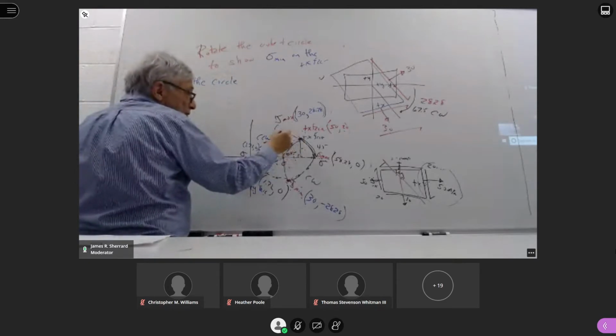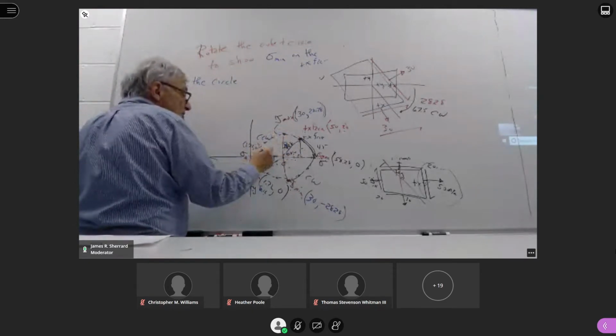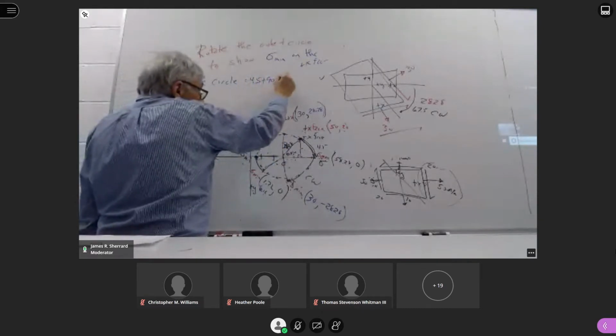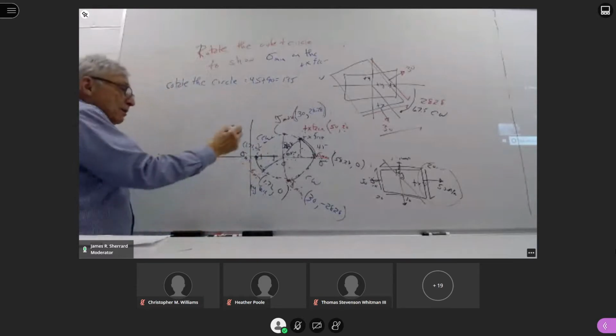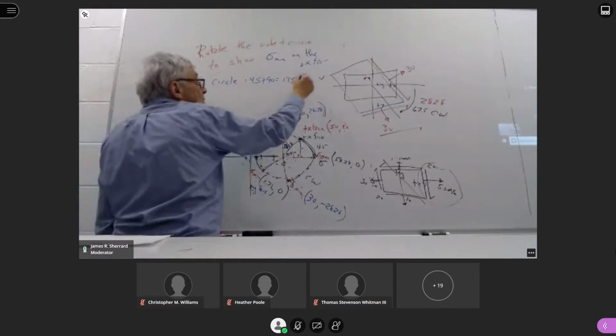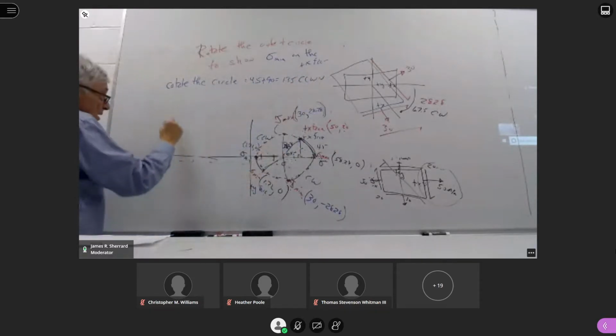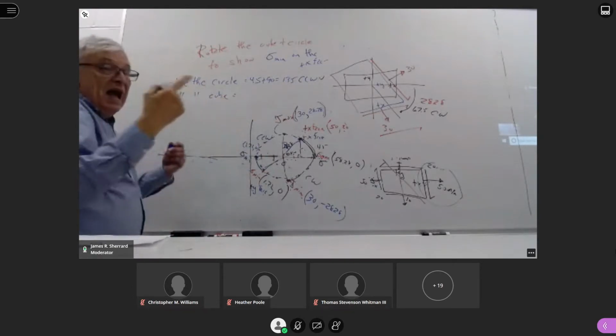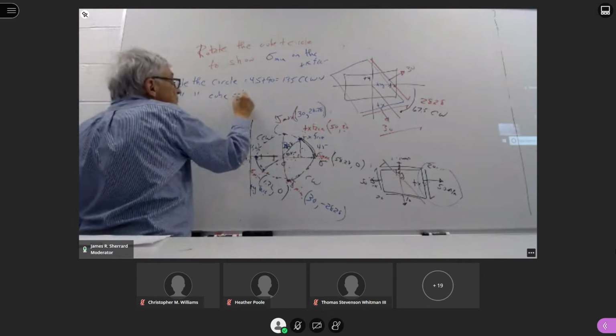From here to here is 45. From here to here is another 90. So this is going to be 45 plus 90, which is 135 degrees, and I'm going to rotate it counterclockwise. Therefore, I have to rotate the cube half of that.